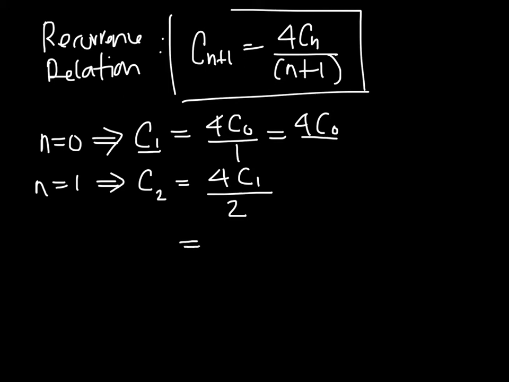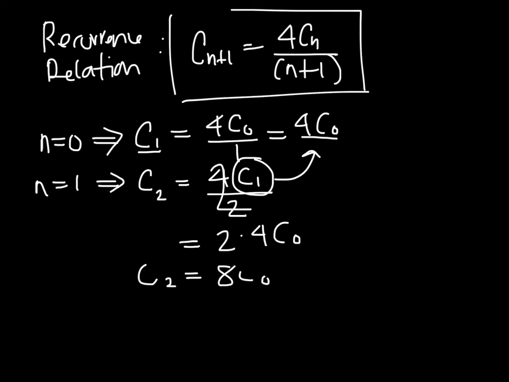So this guy is just a big 2. So I have 2 C1, but what is C1? Well, C1 is right there, so times 4 C naught. So I conclude that C2 is 8 C naught. Okay, so that's one relationship.